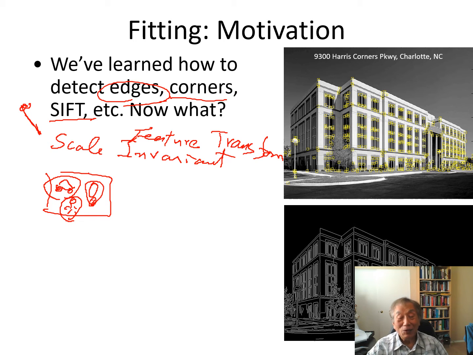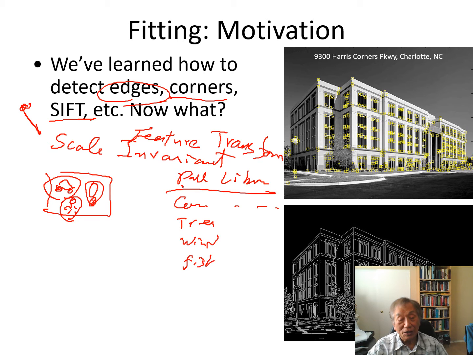To do that, we need a pattern. So we talked about needing a pattern library, where there is a certain shape for a car, a tree, a window, a fish, a person, and an airplane. Like that, there's a certain shape we can expect.